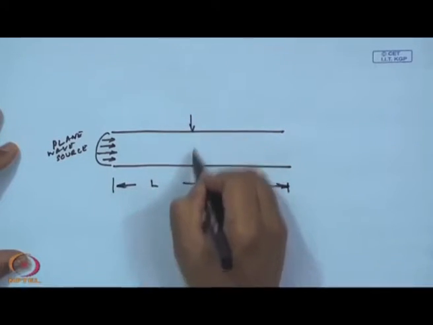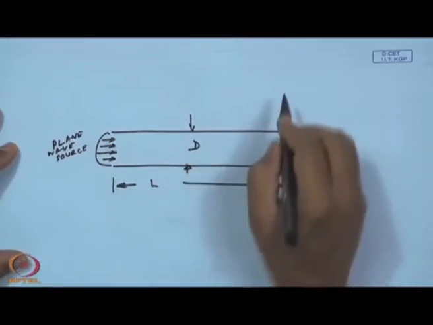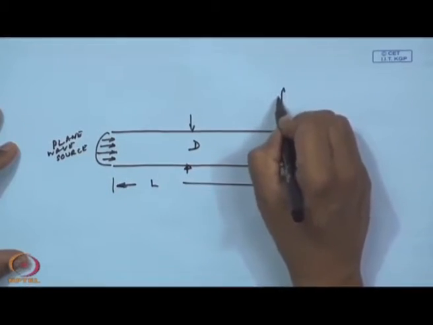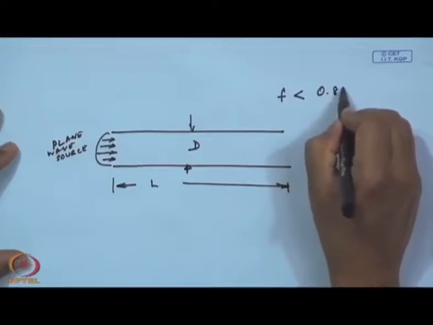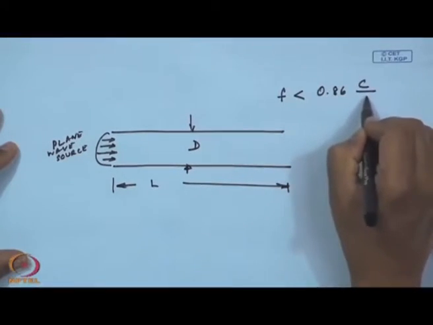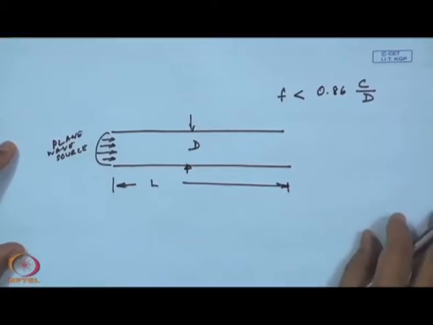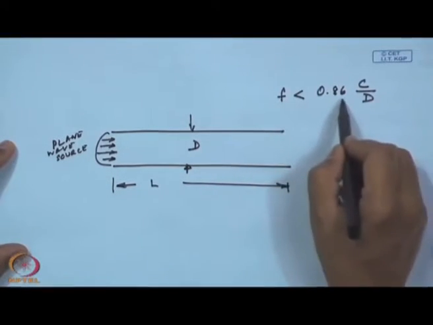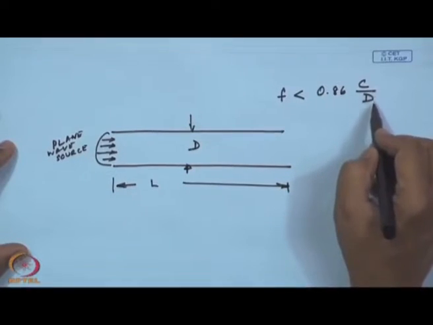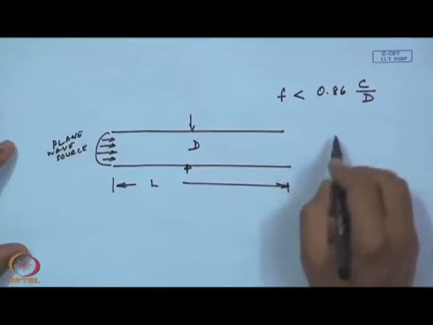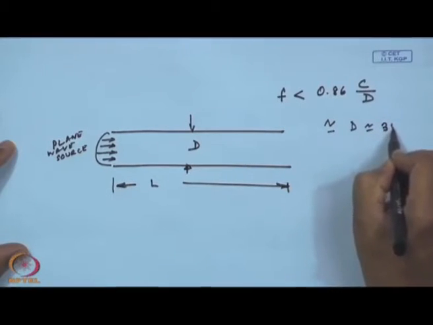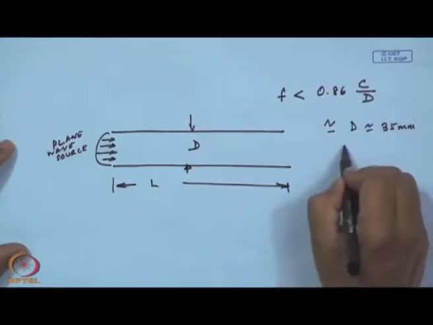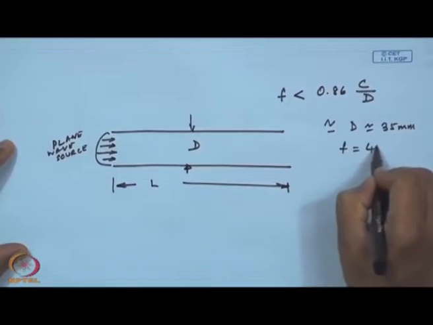because the diameter d of this duct is such that the frequency below which plane waves propagate is given by this equation: 0.86 times the speed of sound divided by the diameter of the duct. For example, for our typical duct of diameter about 35 mm, this comes to about 4000 hertz.